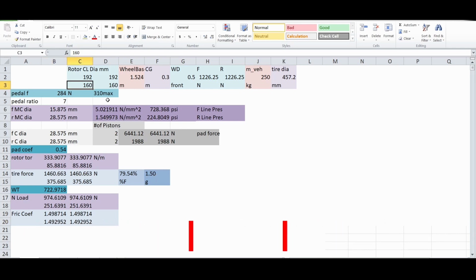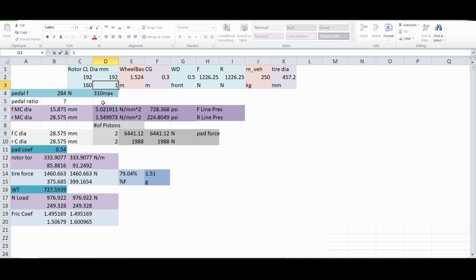Let's say you're in this case 1.52 G, and you look here, you see your coefficient of friction is 1.6. Your tires probably can't do that because you're expecting 1.5 G. So it's just saying actually the rear would be locked up because they're not able to provide that coefficient of friction.